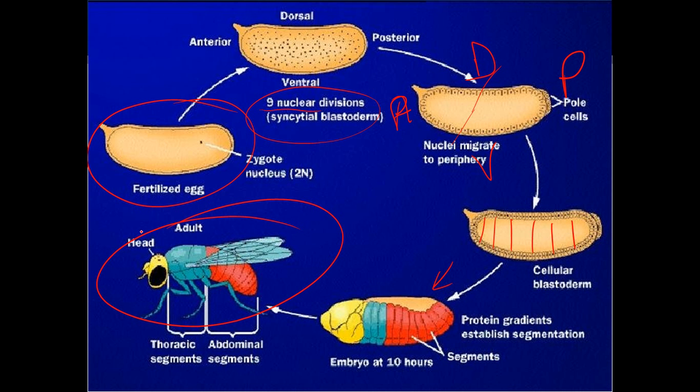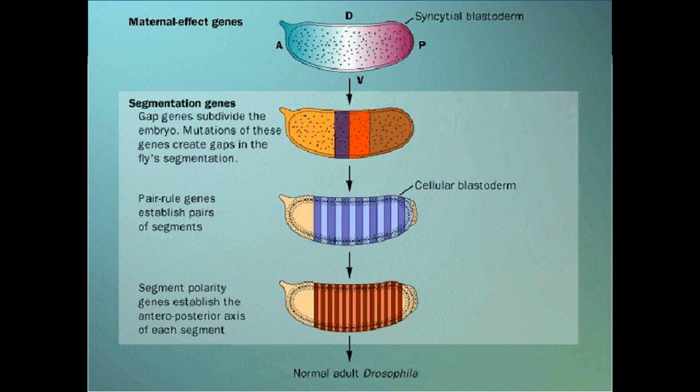All right, so let's look at this again. So remember then, we have this little zygote that underwent mitosis. This is a syncytial blastoderm. There are lots of nuclei inside of there. And we can already see the establishment of gradients.